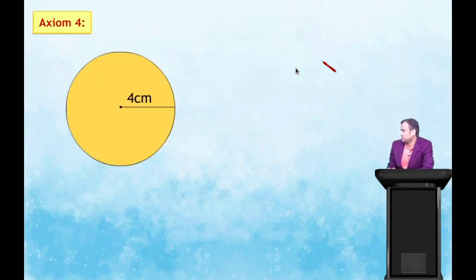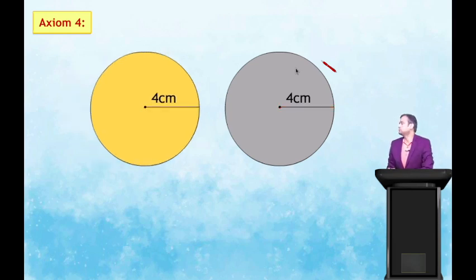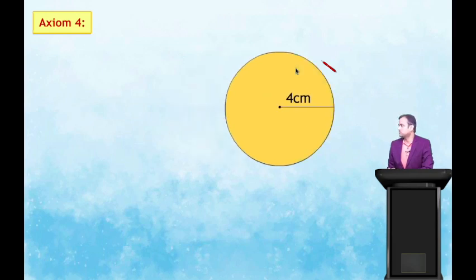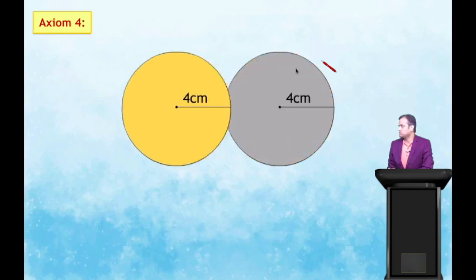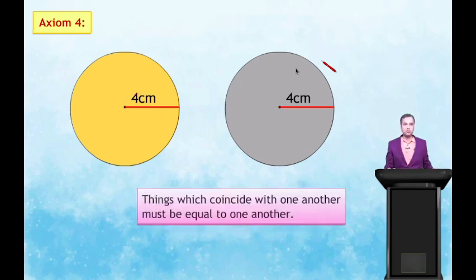There is another circle, 4 centimeter and 4 centimeter, and these are equal circles. These circles have the same radii, which is 4 centimeter. So things which coincide with one another must be equal to one another. So this is another axiom.